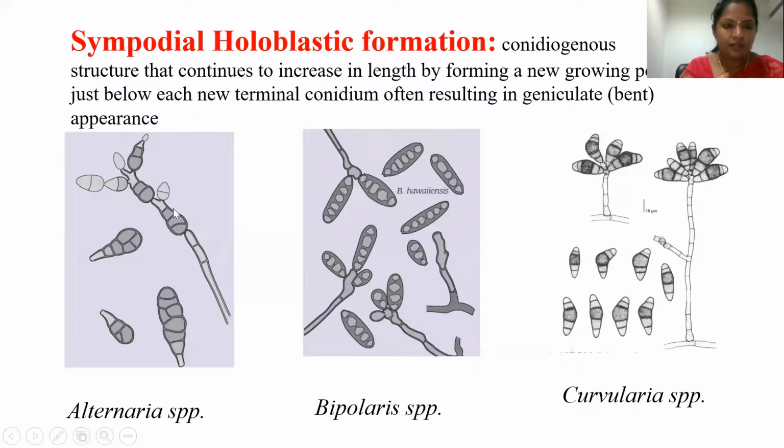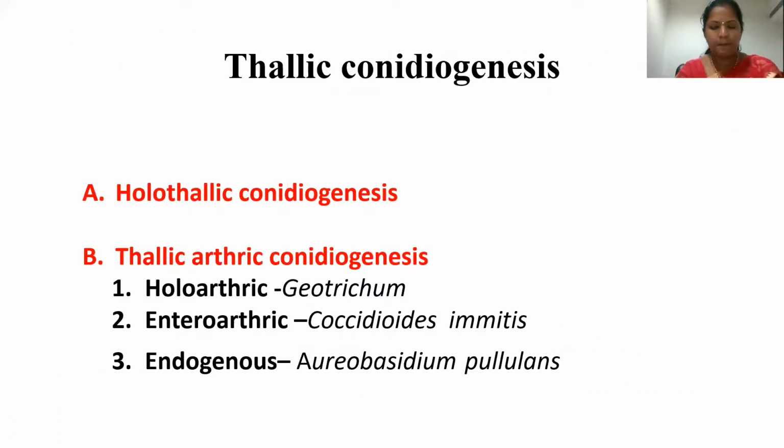Here Alternaria, you can see sympodial growth. Here also geniculate cells are there, and this is Curvularia. So this is very important, sympodial holoblastic formation. In this conidiogenous structure, it continues to increase in length by forming a new growing point just below each new terminal conidium, often resulting in the geniculate appearance.